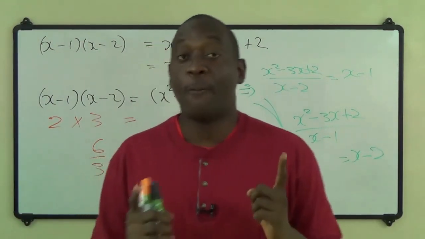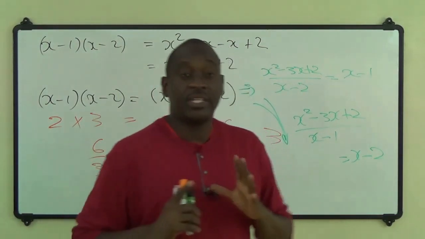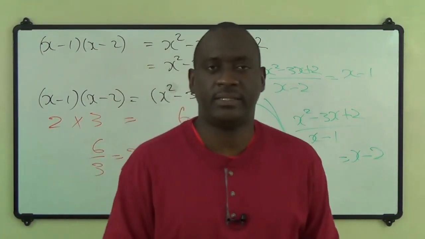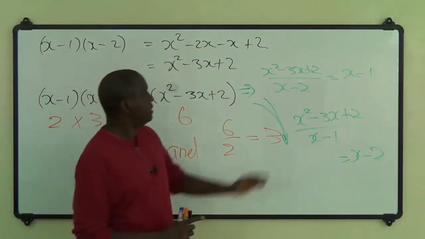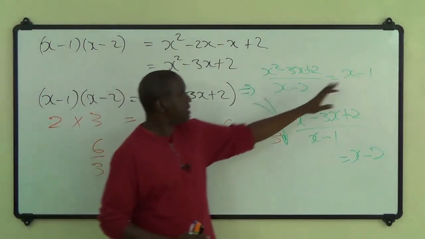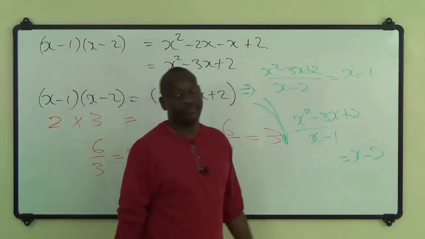Now my task, especially for the people who now start in add maths, is to demonstrate that this divided by this is this, and that this divided by this is that.